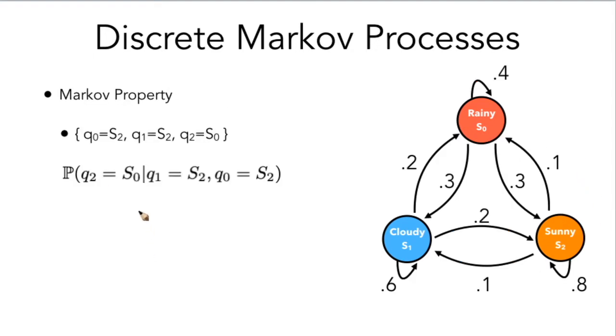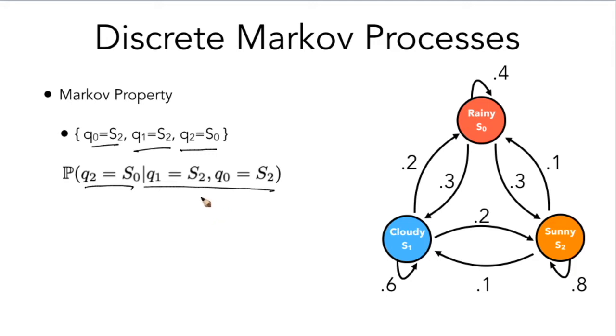So what does the Markov property imply for our system? Consider that we observe the sequence sunny, sunny, and rainy on day 2. Consider that we are interested in calculating the probability that it is rainy on day 2, given that we had 2 sunny days in a row.